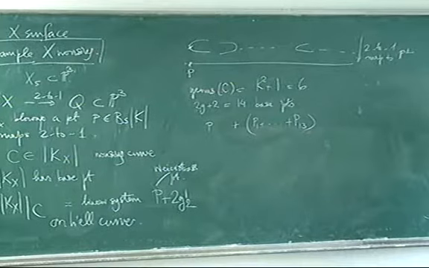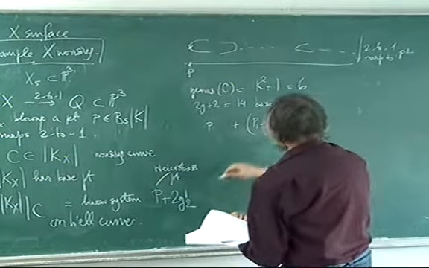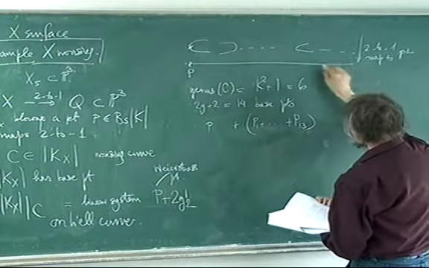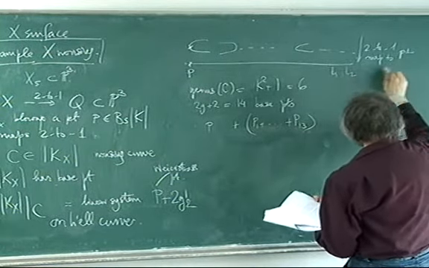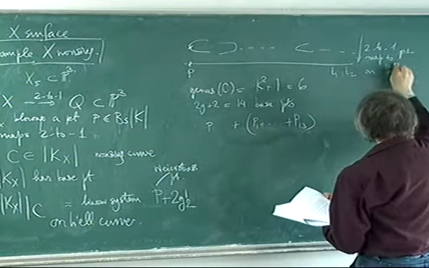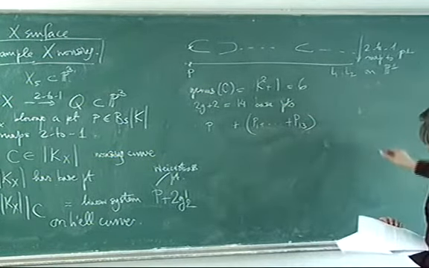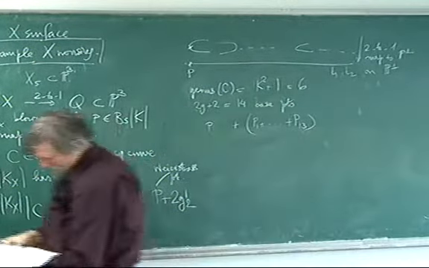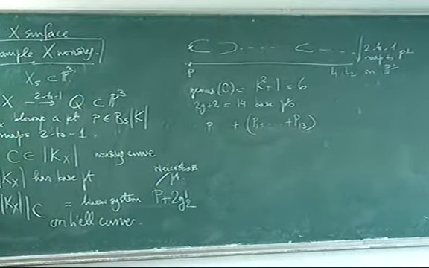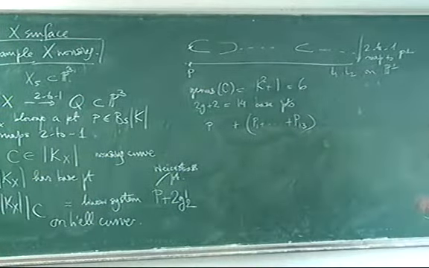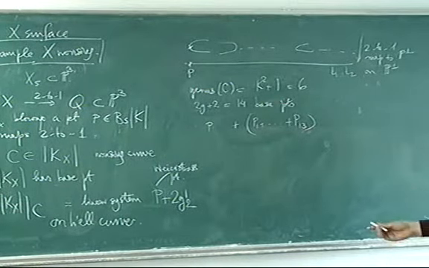Right. And so in this context, if I choose coordinates T1, T2 in the plane, on P1, I want to understand this graded ring, and you should think about this carefully. The way to see it is as a subring of a bigger ring.